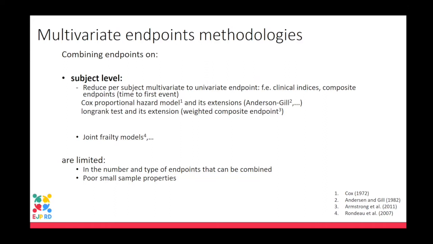For example, with composite endpoints, where we look at the time to first event, we can, of course, only look at survival data. We cannot look at quality of life together with survival data. That's not possible. Often these methodologies also have very poor small sample properties.